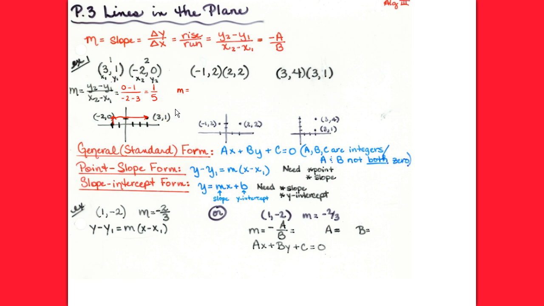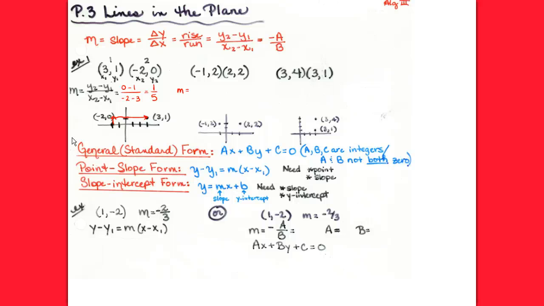We also said that this was negative 1 over negative 5. If you start at 3, 1, and you rise a negative 1, and you run a negative 5, that would put you back at the other point. And you could keep going that same way as well. Rise a negative 1, run a negative 5, and that would give you another point on that line. Okay? So that's how that slope is a way of measuring the steepness of that line and helping us find the relationship between those 2 points.